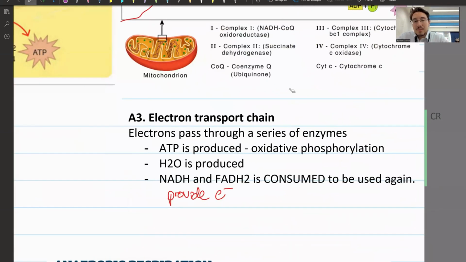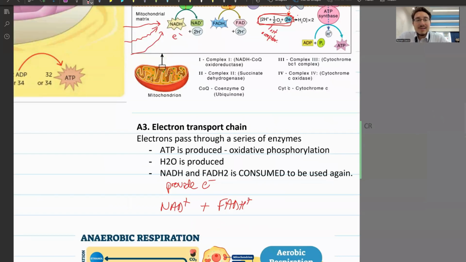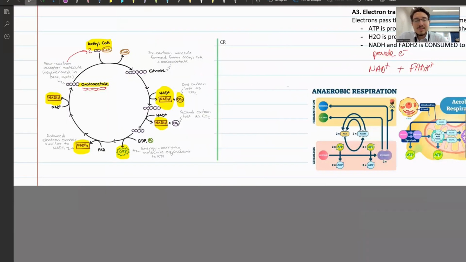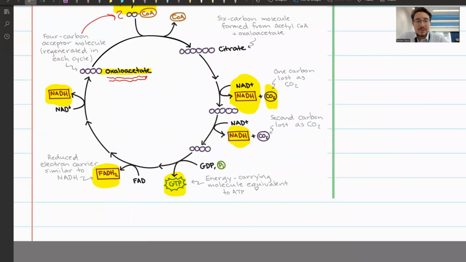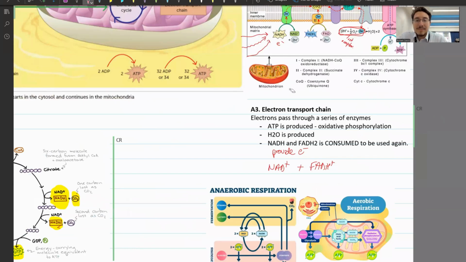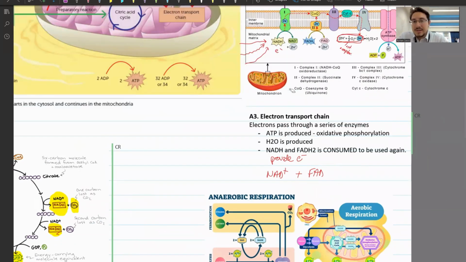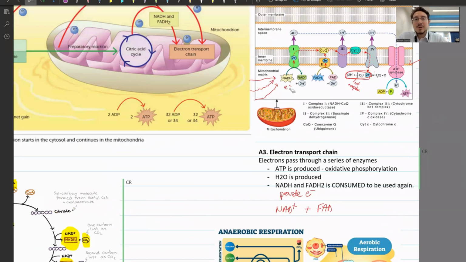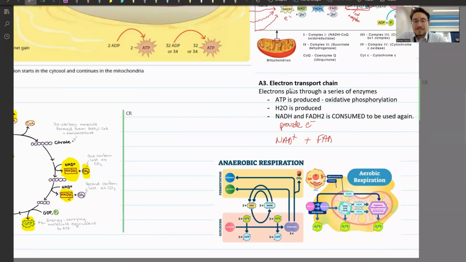And then once these NADHs, right, have been consumed, and the electrons have been taken away from them, FAD plus, right, they go back to this citric acid cycle to get more electrons and more electrons. So the cycle can continue again, right? They can collect more electrons to go through the electron transport chain and back again and back again, right?